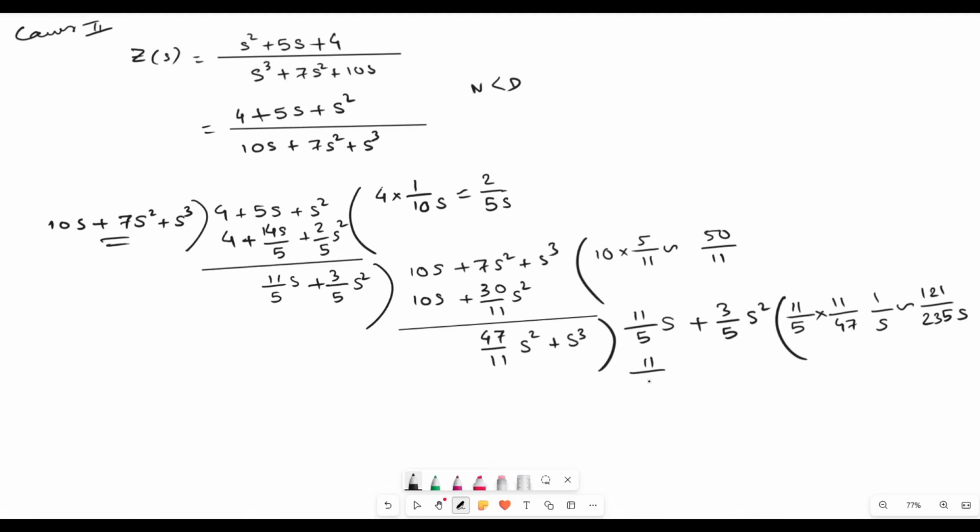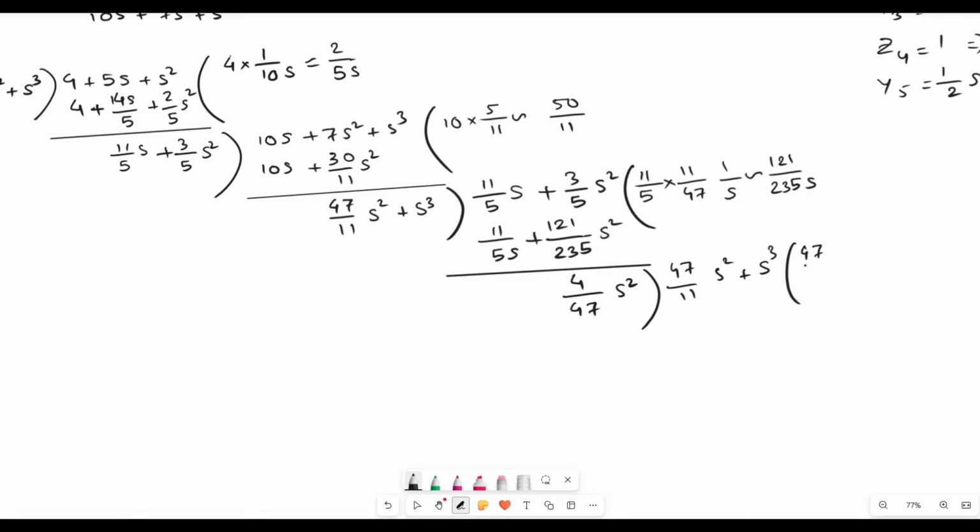So here we have 11 by 5 s. Then here we have 121 by 235 s square. So after subtracting, we have here 4 by 47 s square.